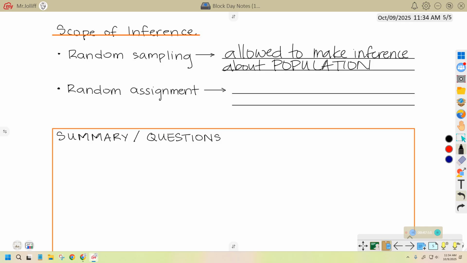The other type of inference only applies to experiments. If I have random assignment, meaning I used a random chance method to assign people to treatment groups, I am allowed to make inference about cause and effect.